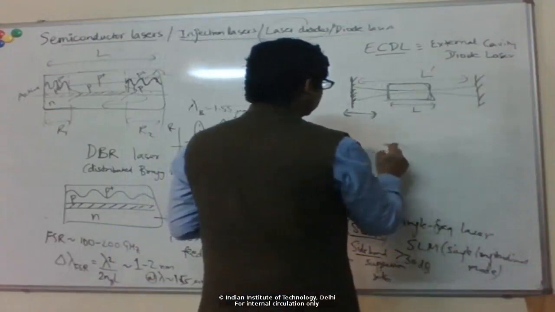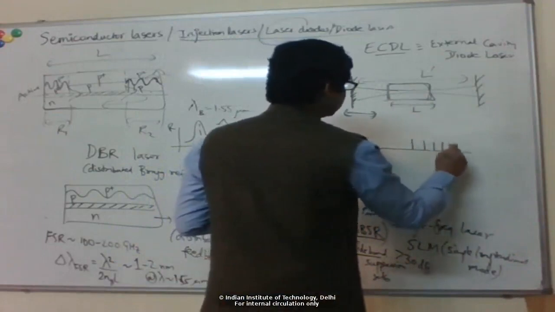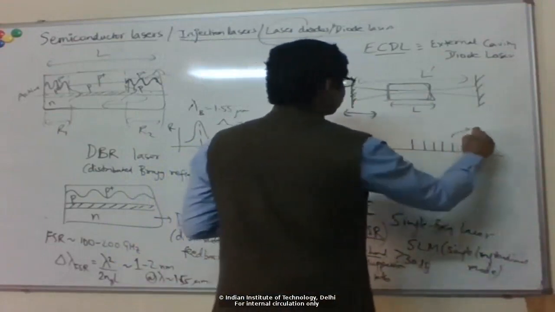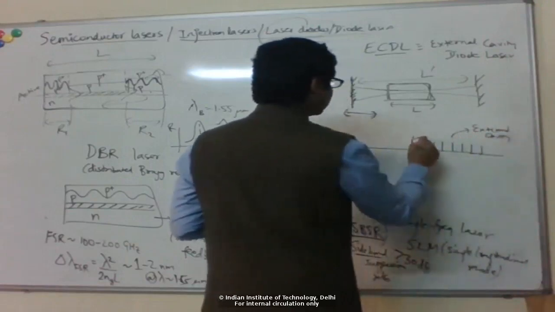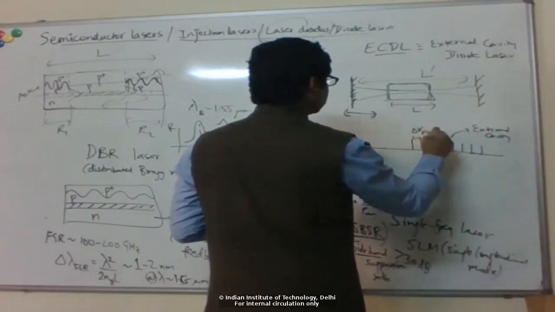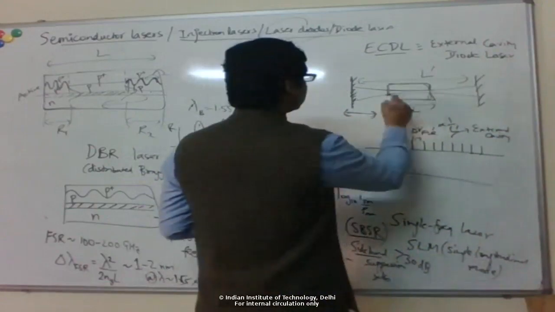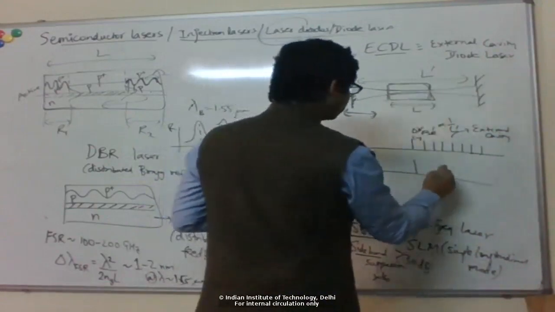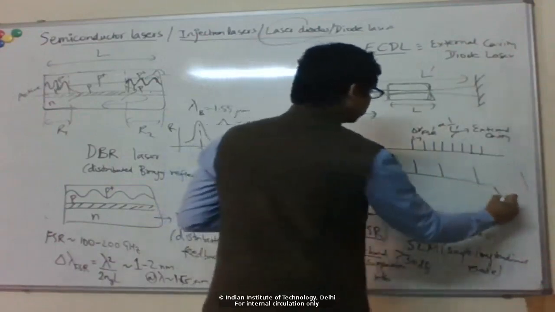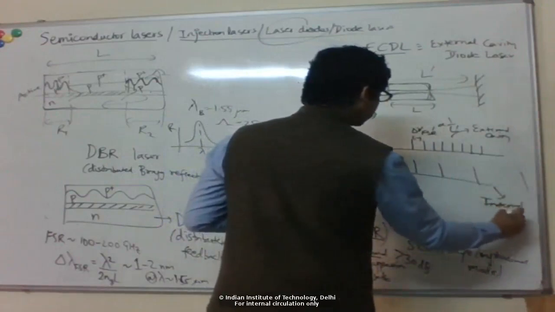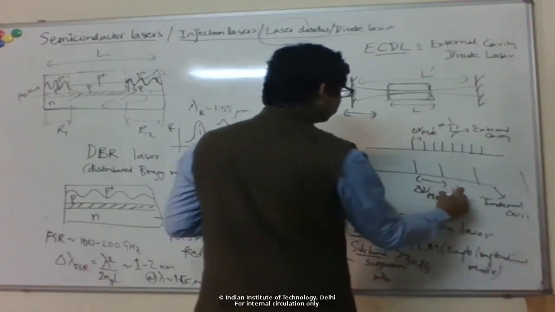So basically you have these modes for the external cavity, where the FSR is small. So you see delta nu FSR prime is proportional to 1 over L prime. And then you have this internal cavity within the laser here, which has an FSR much bigger, right? So this is for the internal cavity. So this delta nu FSR is proportional to 1 over L.